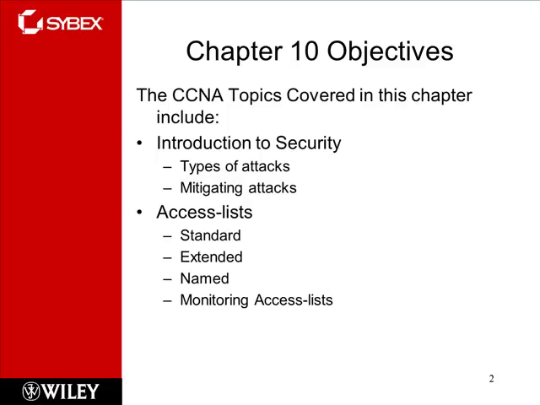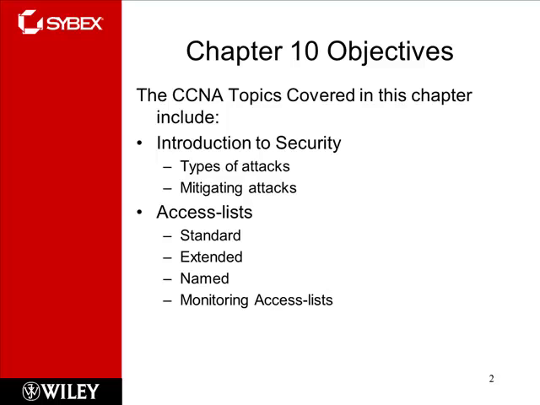When we're talking about access lists, we've got standard, extended, named, and monitoring. There are other access lists, but these are the ones we're concerned with to start out with. The named is just a convenient way to do the other 2 access lists. The first 2, the standard and extended, have numbers for names, and if you want a named list, you can say that you want an IP access list, standard or extended.